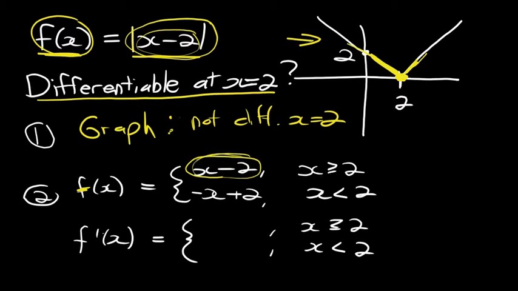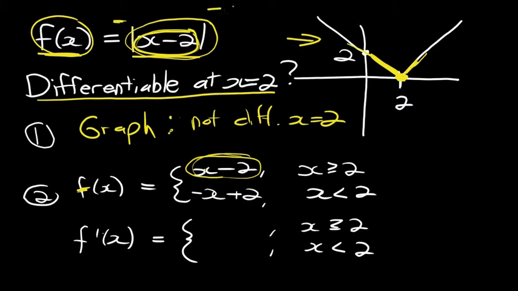Now we know it will always give you a positive when x is greater than or equal to 2, because if it's 2, then 2 minus 2 is 0, and 3 minus 2 is 1, so it will always give you a positive. But let's say x minus 2 is a negative number, then you need to multiply it with a negative.